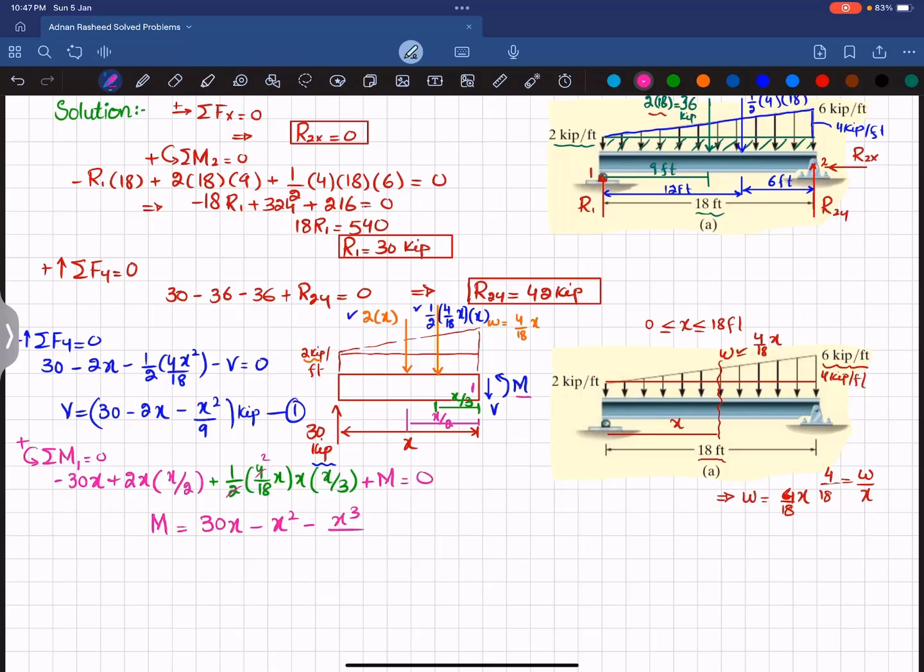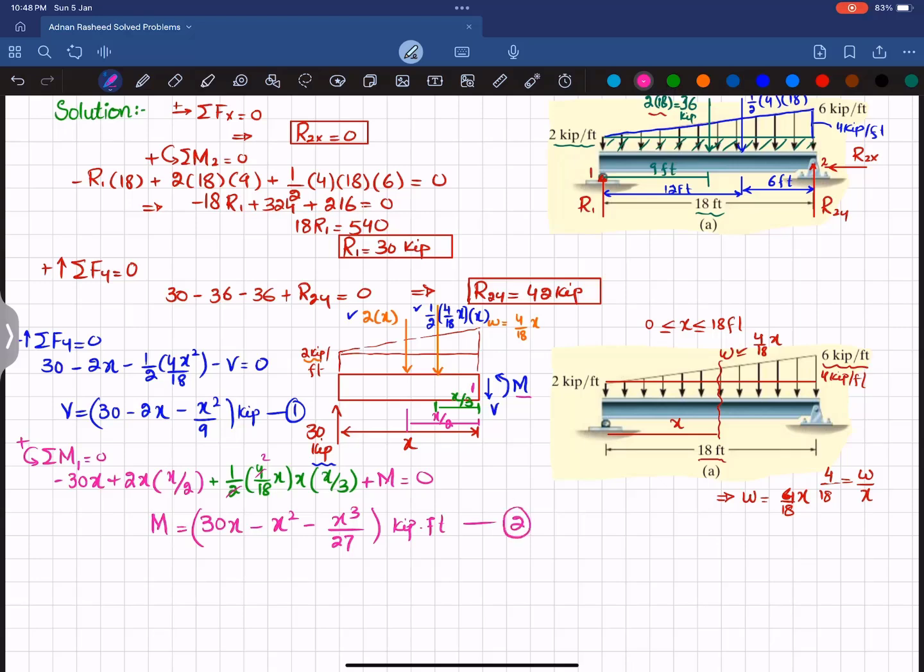Okay, x by 3, so it will be 2 into 9, and 3 9s are 27. This will be the moment equation, and the unit will be kips into feet. This is your equation number 2.